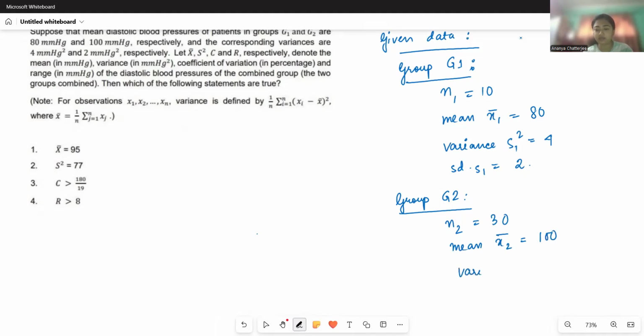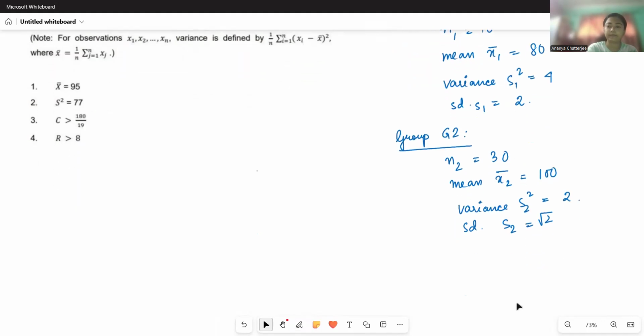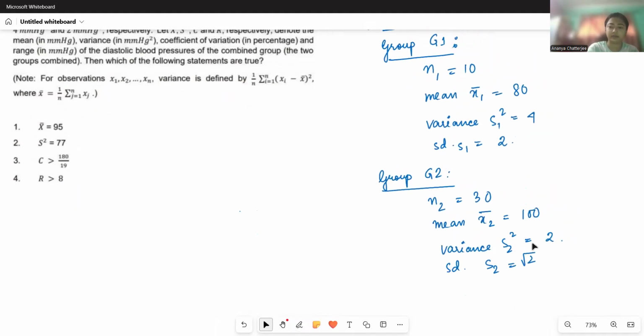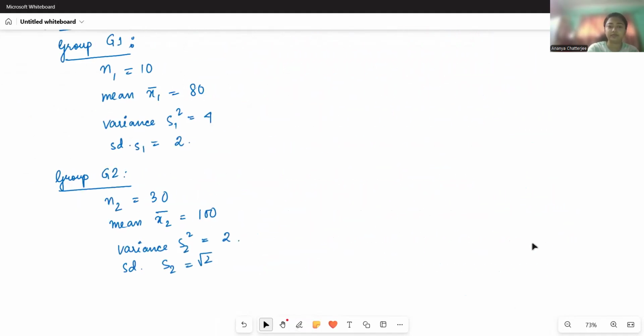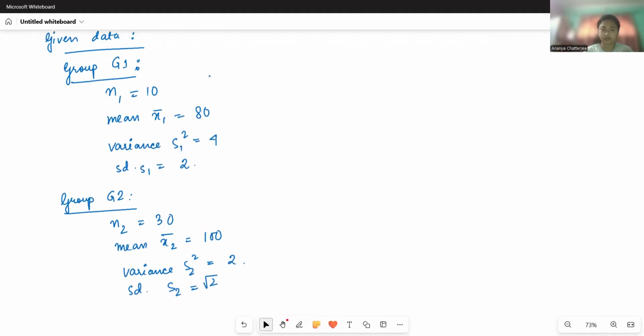The variance, that is s2 square, is given as 2, and so the standard deviation s2 is root 2, right? Okay, so this is the given data.